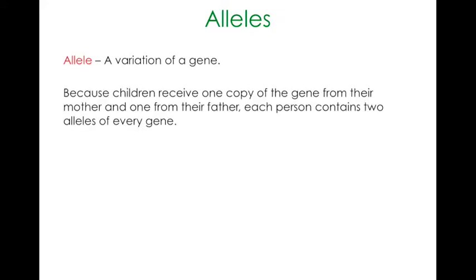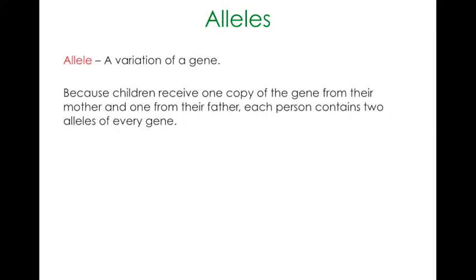Let me recap on the word alleles because it's important for us to understand what an allele is and how it affects an individual gene. Okay, alleles are variations of genes. And this whole idea of dominant and recessive relationship is based on the fact that every individual has two alleles of every gene. So in your body, your eye color, your skin color, or whatever is all determined by multiple alleles.